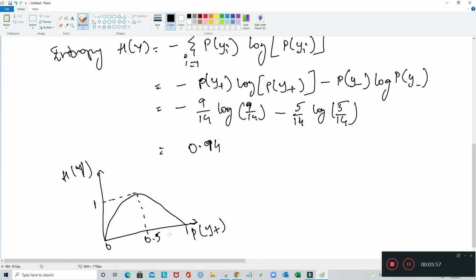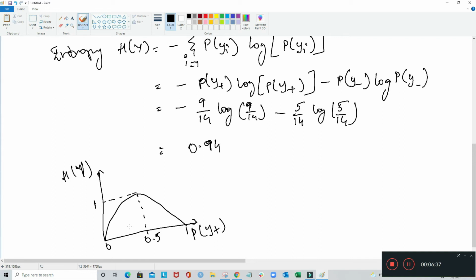This means that when there is an equal distribution of classes, entropy has a peak value of 1. If there is an imbalance in the distribution, with more negative points than positive points, the entropy value will be closer to 0. And if there are more positive points and fewer negative points, the entropy value will still be lower. In either case, the entropy value becomes less.